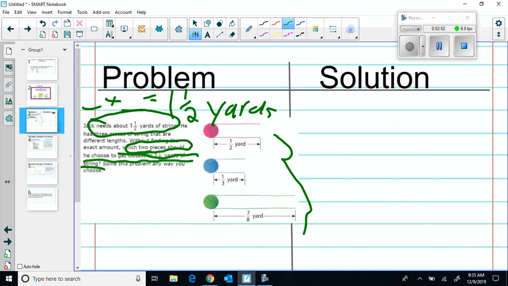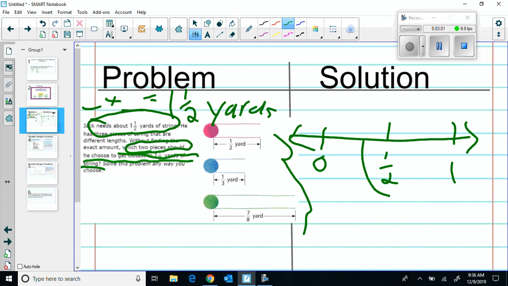So if I have a half of a yard, and I have my number line, a half of a yard would be here. For 1/3, just so you guys know, it's about 33 and 1/3%. So it's kind of right in the middle, but a half is 50%. So clearly that's the closest to that half amount.